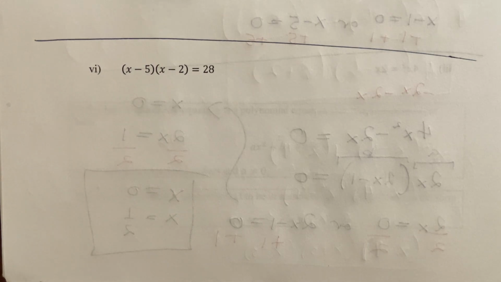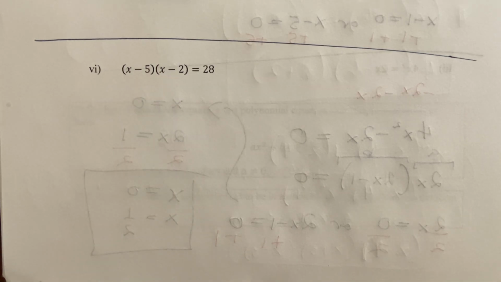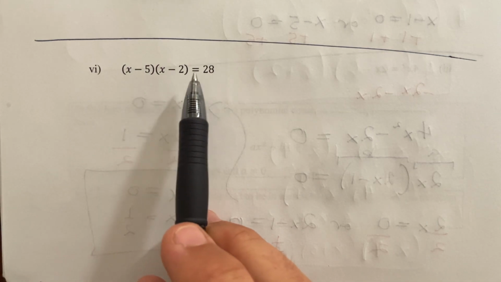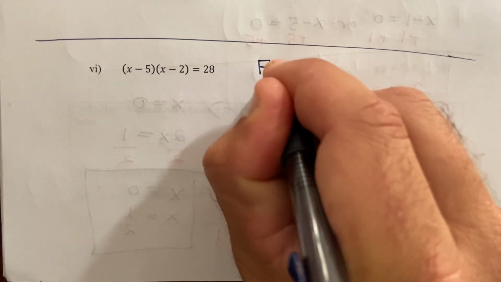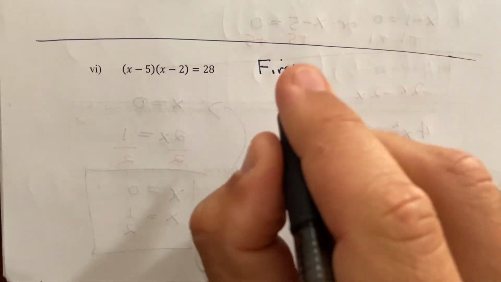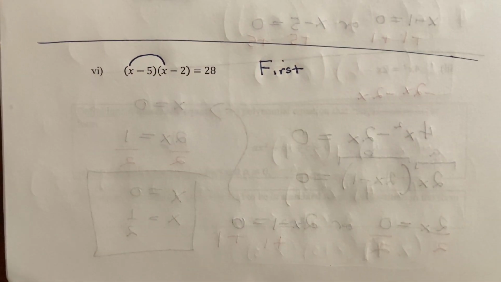So what I'm first going to do is FOIL this left-hand side, and I'll show you what I mean by FOIL. I'm going to carry out the multiplication by doing the first. What I mean by first is this first combination.